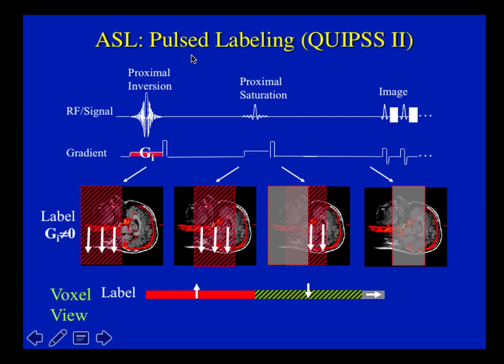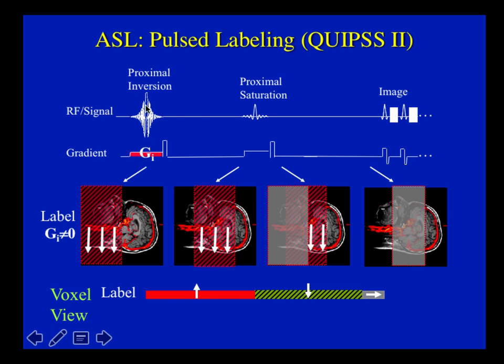Here is a pulsed labeling pulse sequence. In this case, as I mentioned before, the idea is to apply a wide labeling slab below the brain, and here I have the brain sideways. On the left, we see that we apply a labeling inversion slab to a region below the brain.